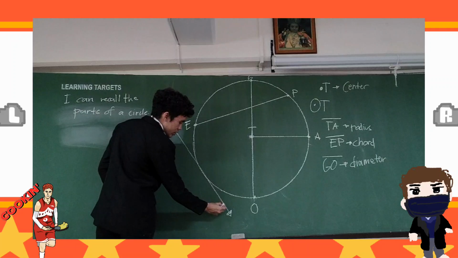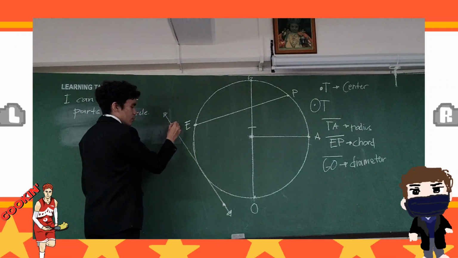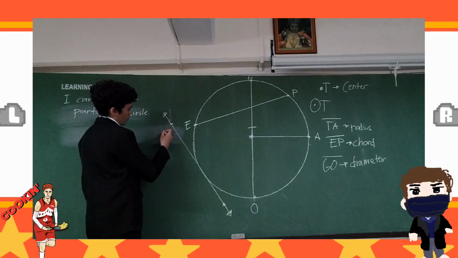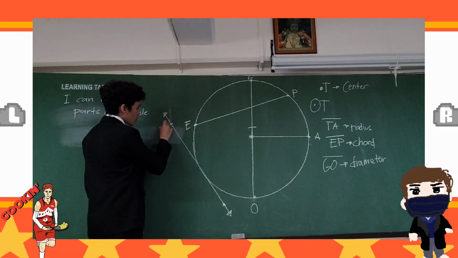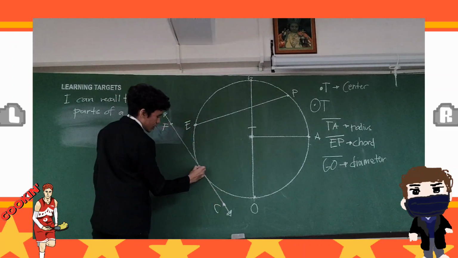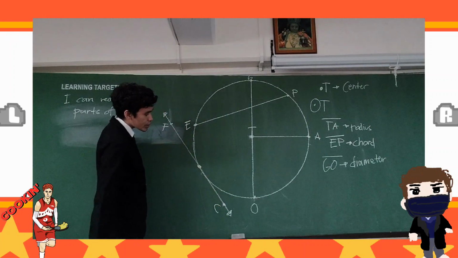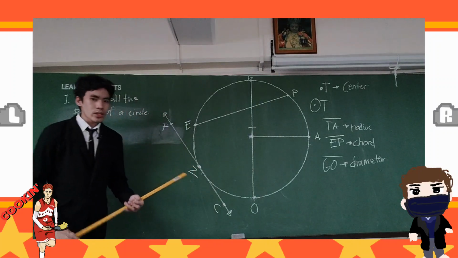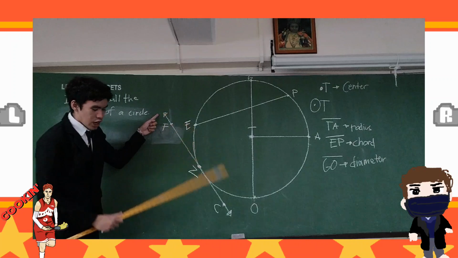I'll put 2 letters here, 2 points to name this. Let's say that the name of this one is F, and then C, and it intersects at point Z. So as you can notice here, what I drew now has arrowheads.